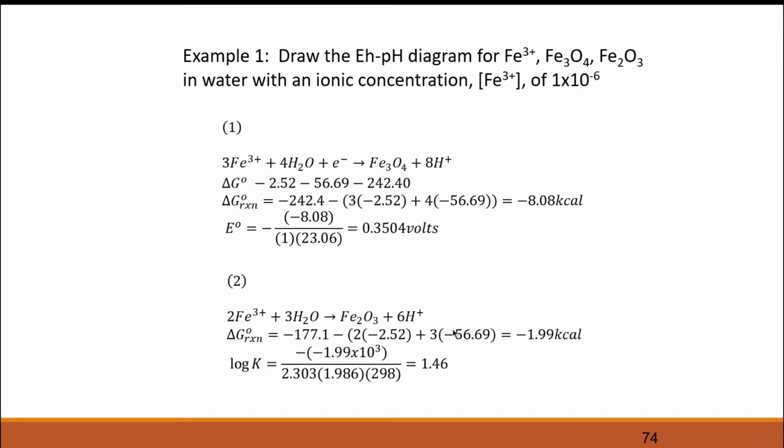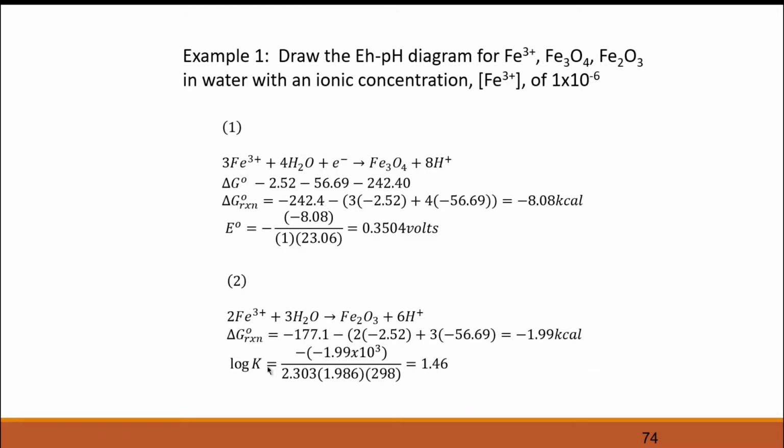We do products minus reactants, so that's Fe₂O3, which is negative 177.1, and H plus has a free energy equal to 0 because H plus is the stable form in aqueous solution. Okay, so minus 2 times Fe3 plus, which is negative 2.52, then 3 times H2O, which is negative 56.69, and this should give us negative 1.99 kilocal.